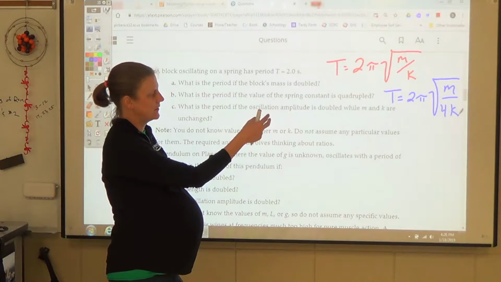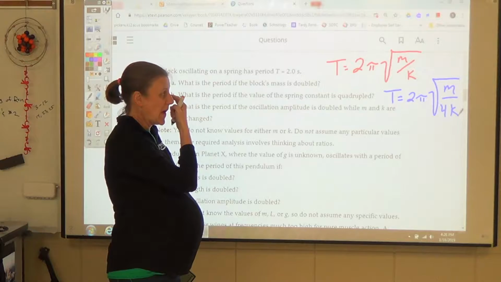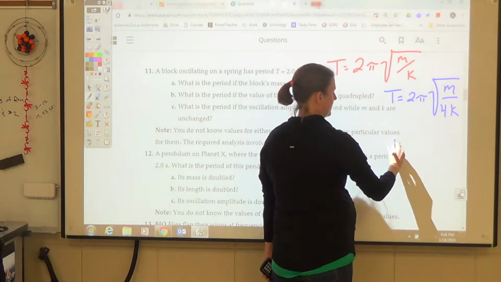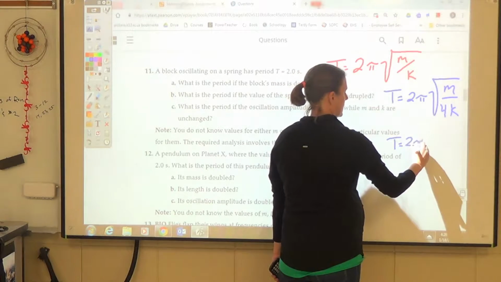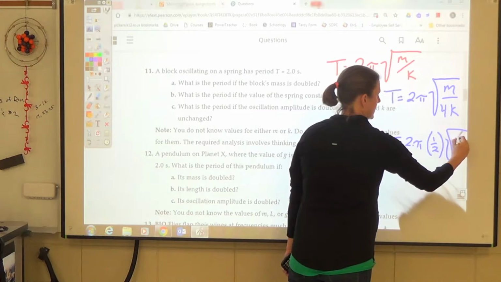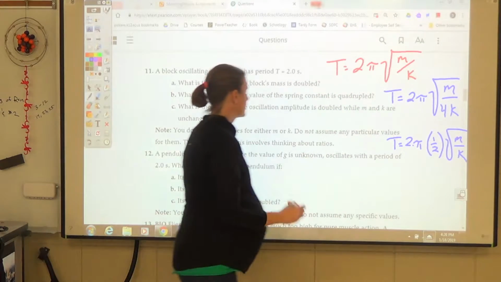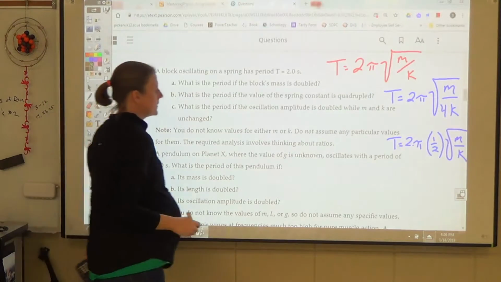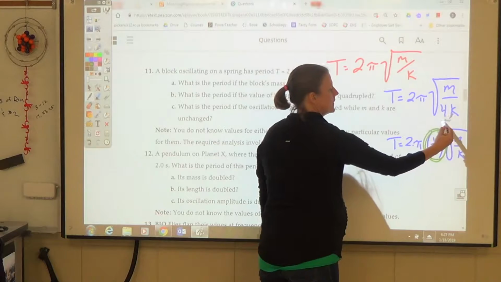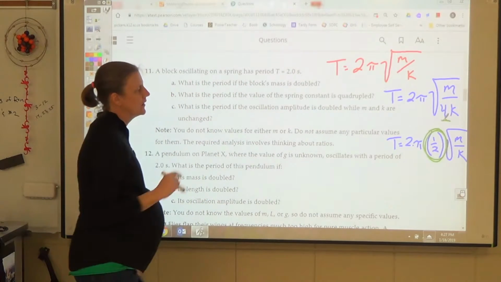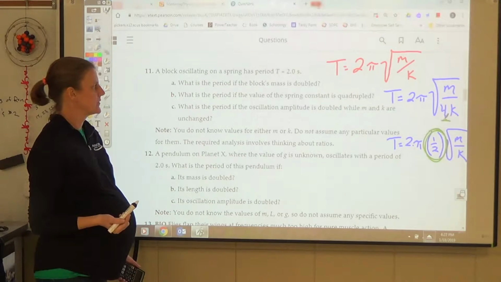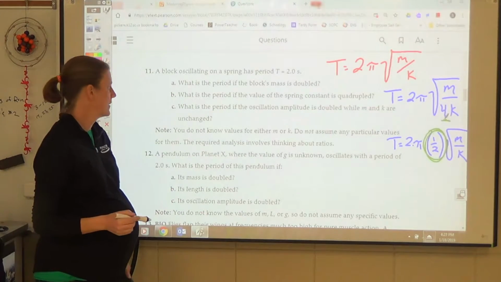Well, you can kind of see, square root of 4 is 2. But it's in the bottom of the fraction, so I'm going to have to pull out that as a half. So by throwing in that 4, I've changed the period really by half of what it was. So half of 2 would be 1 second.